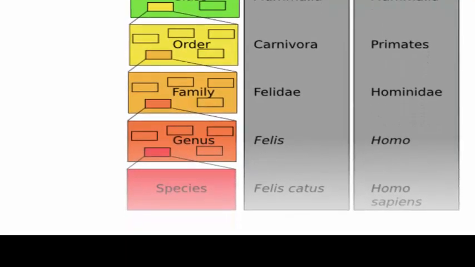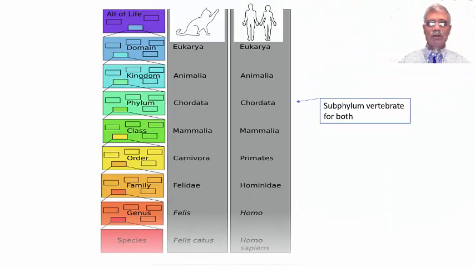And in terms of family, we're in the family of Hominidae. In the genus, we're in the genus of Homo, and the particular species that we are is Homo sapiens. So this is a two-word classification: Homo, the genus; sapiens, the specific species within the genus of Homo.